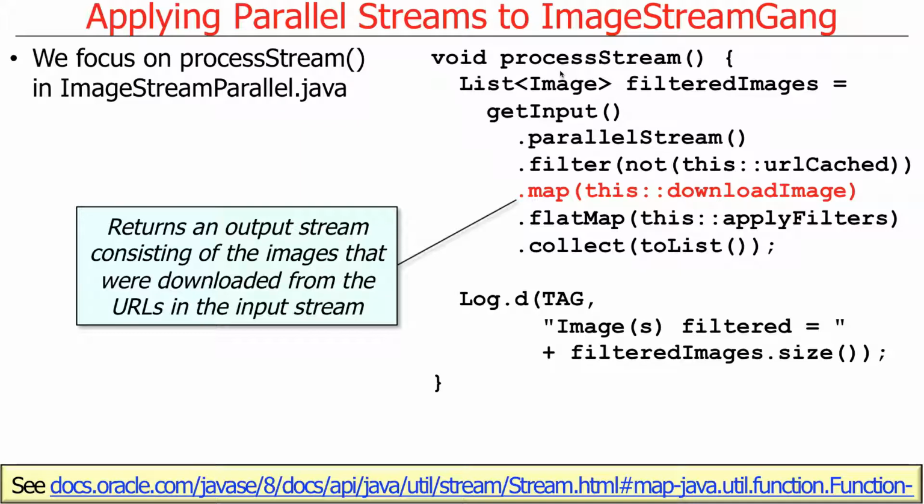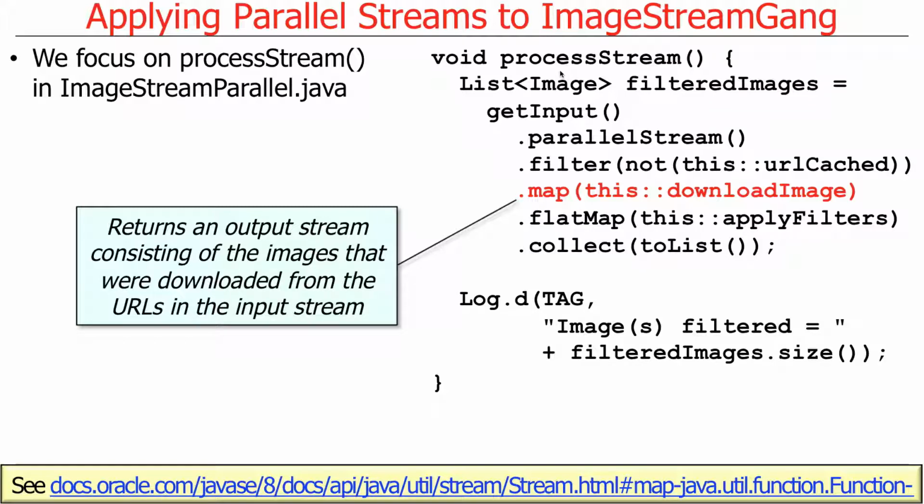So the map operation will take each URL that hasn't been cached yet. It'll call the download image method. And the download image method will basically go out and open up a connection to the web server at the URL, download the content, and store it into a local file. And that'll all run in the background, so it won't block the UI thread.